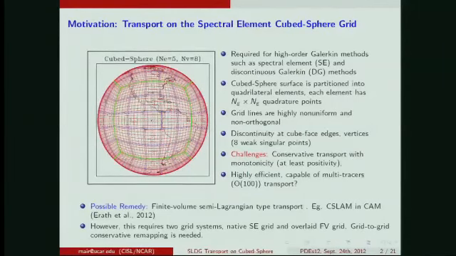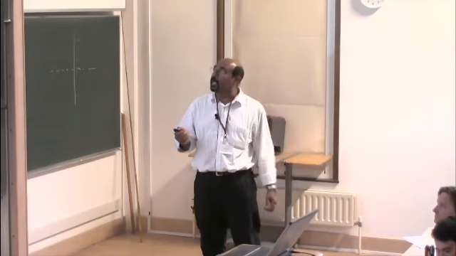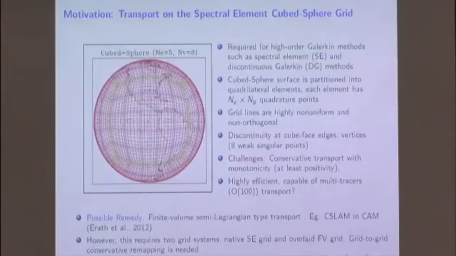This type of grid is a must for spectral element or discontinuous Galerkin methods. The grid lines are highly non-uniform and non-orthogonal, with discontinuity at the cube face and edges. The green lines are the edges of the face, and these points are the corner points.